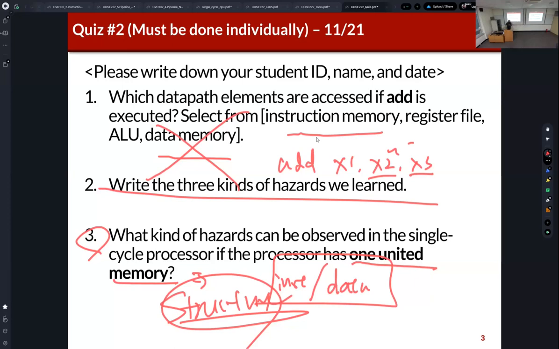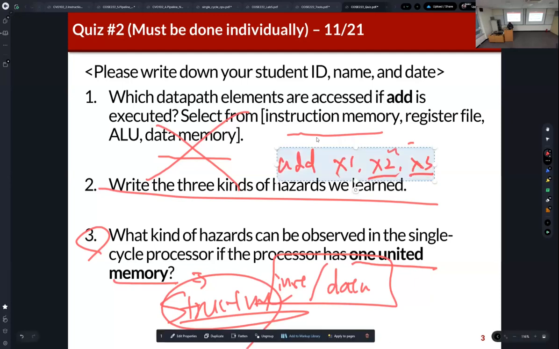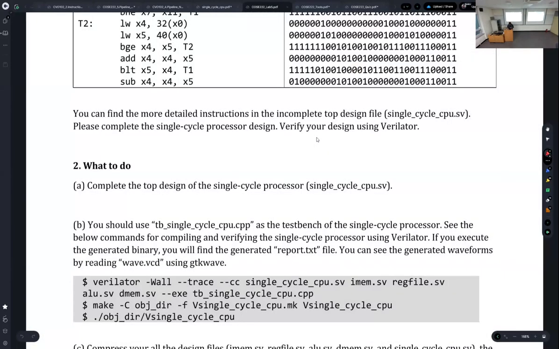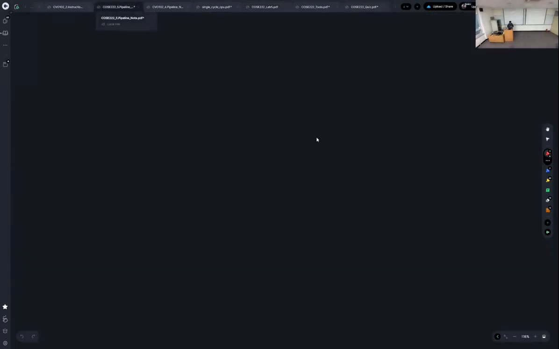So because of the lack of hardware resources, clock cycles are wasted. This is the structural hazard. Very simple.